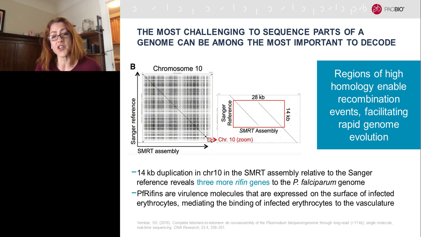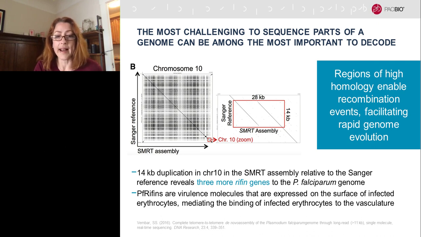Those parts of the genome can often be under the most selective pressure and where most of the exciting things are happening in terms of immune evasion and drug resistance in some cases. I could show you one example of that, which was highlighted in the paper.